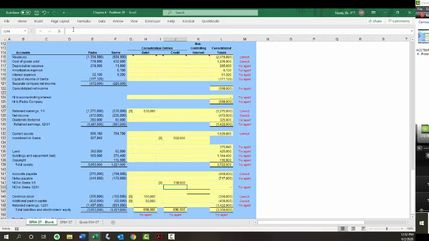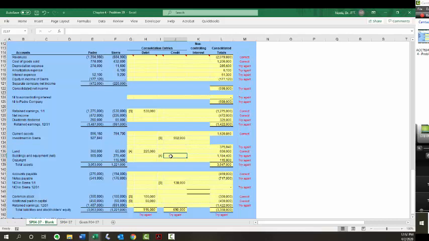The A entry is the land at 225. The building and equipment is going to be a credit, and this is where the prior year amortization comes into effect.